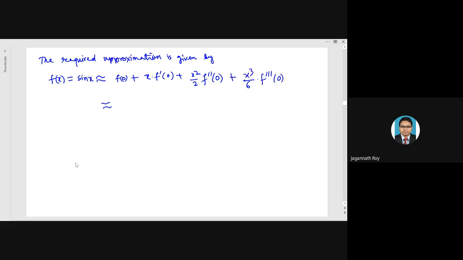Our task is to find the polynomial of degree 3. So f of 0 is 0 plus x times 1 plus x square by 2 times 0 plus x cube by 6, this is minus 1.